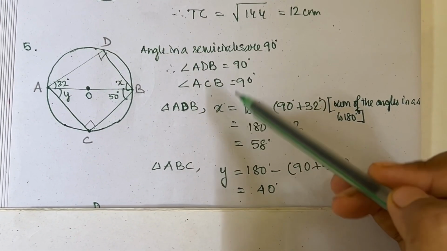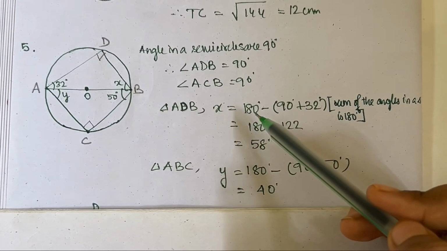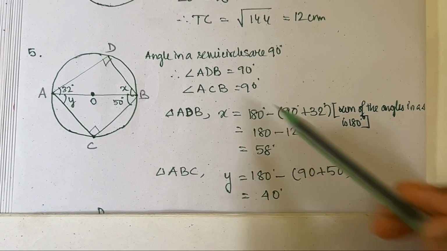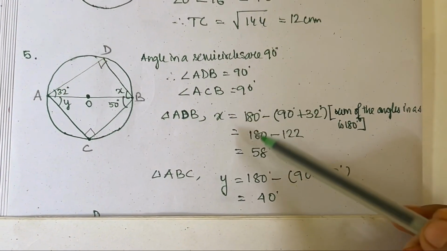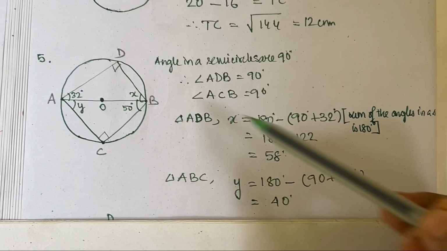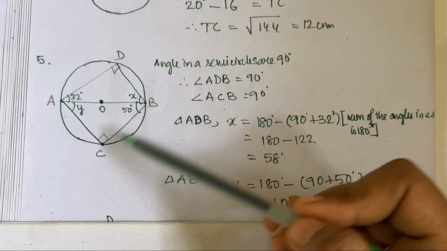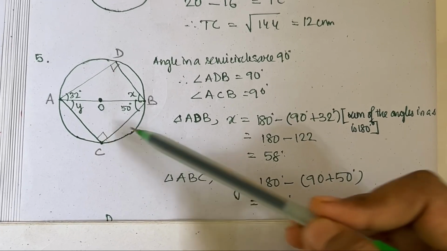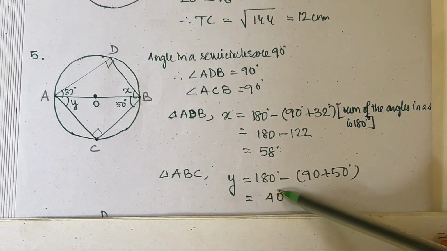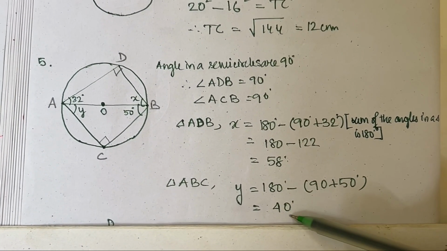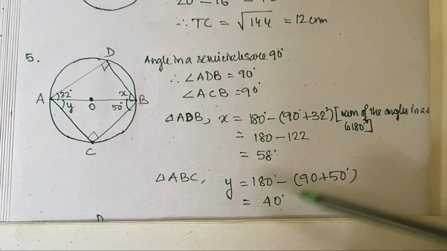So X is equal to 180 degree minus (90 plus 32) degree, that is given, and we get 58 degree. Similarly, to find Y in triangle ABC, Y is equal to 180 degree minus (90 plus 50) degree, that is 40 degree.